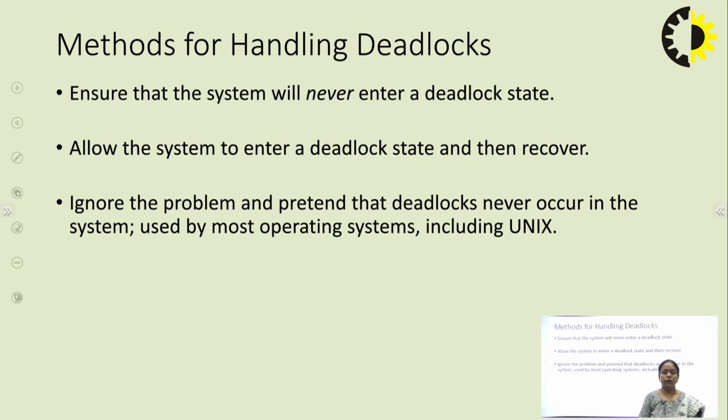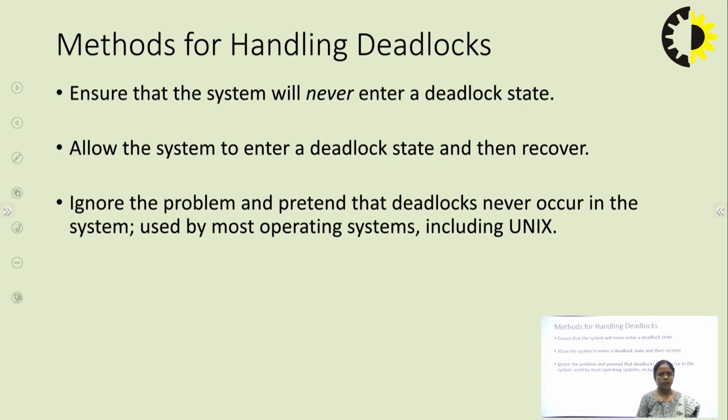Many operating systems follow this policy and don't do anything for deadlock prevention or avoidance, because they think this never occurs, or if it occurs, only in months and years. So there is no need to handle these deadlock problems.